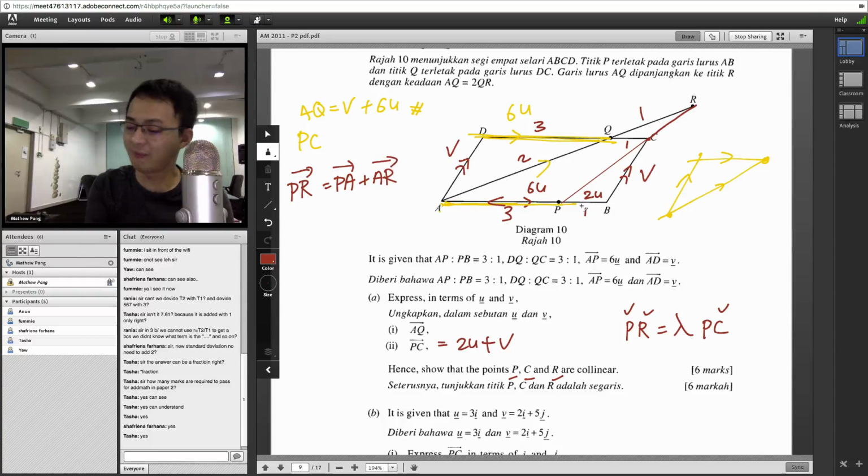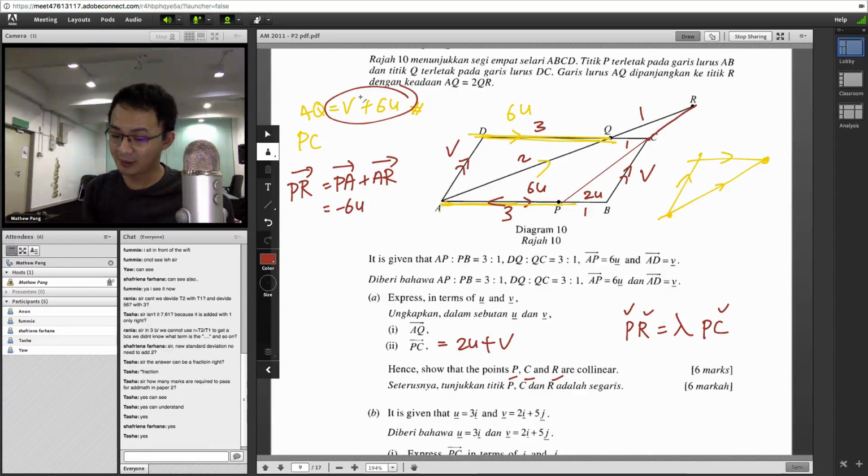Now, we have PA already. PA is just negative 6U, because of the opposite direction. But we do not have AR, but we have AQ. AQ just now, we have this one: V plus 6U. This one is for ratio 2. If ratio 1, that means what? You have to halve it, isn't it? Because this one is for 2, right? So ratio 1 means half.